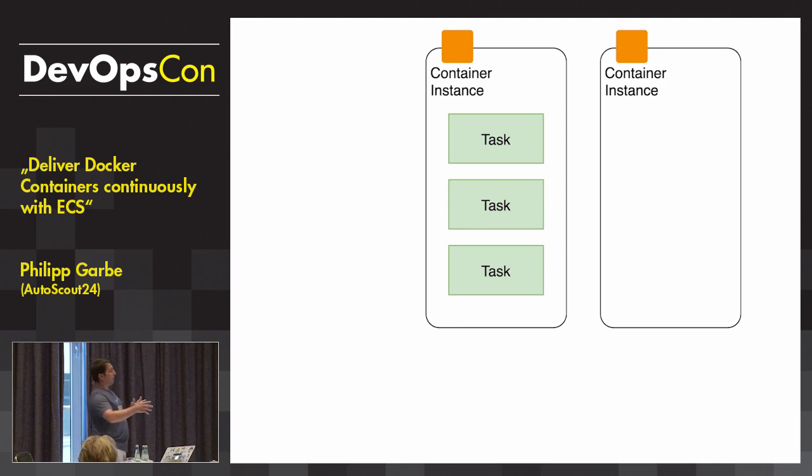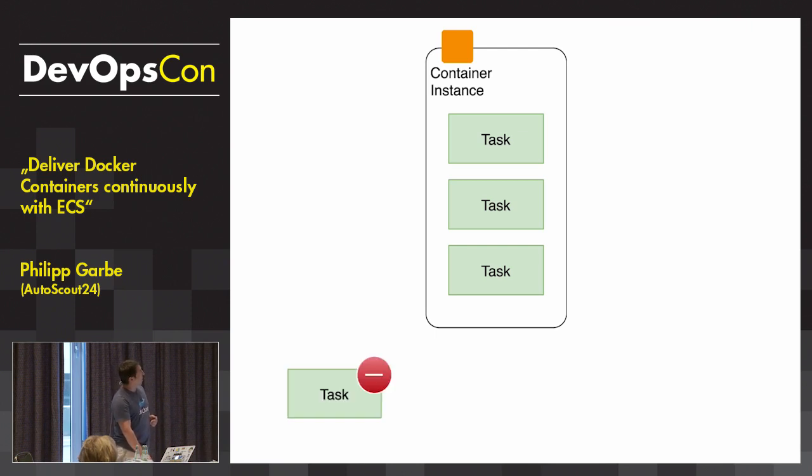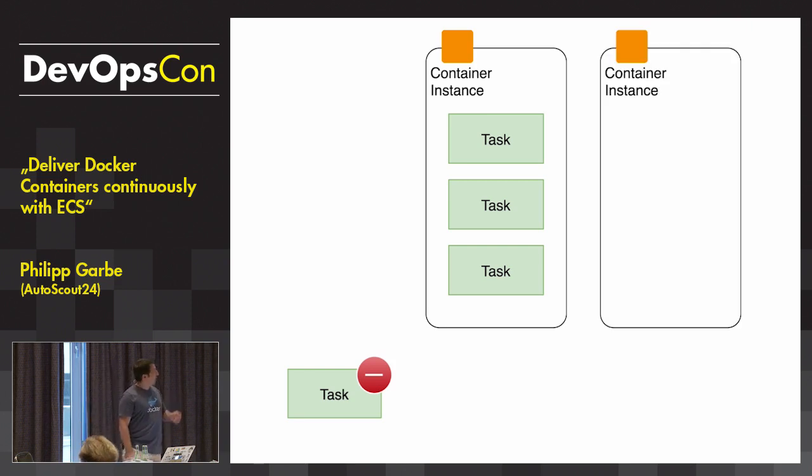We can scale the cluster then and add a new instance before, or we can wait until we really have to scale the cluster because another task is already pending, and then start the second container instance.